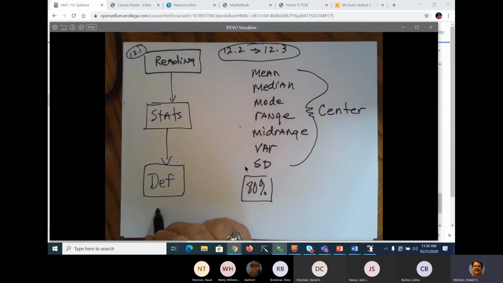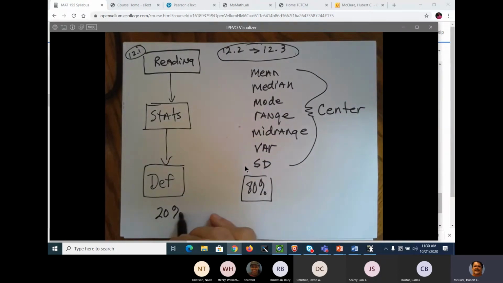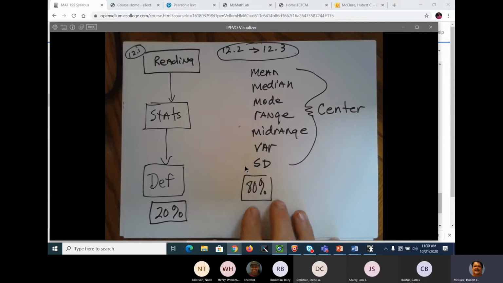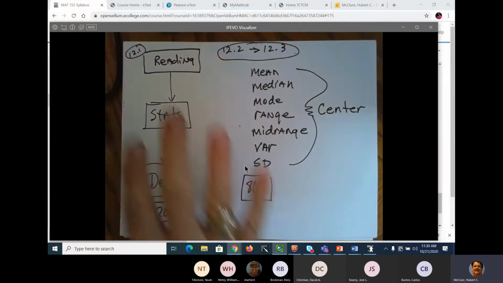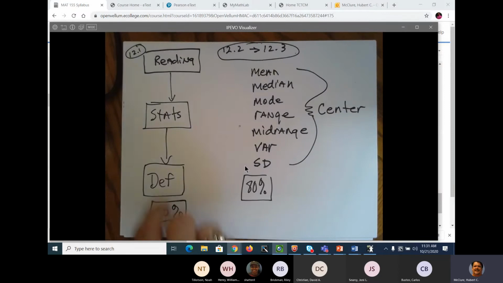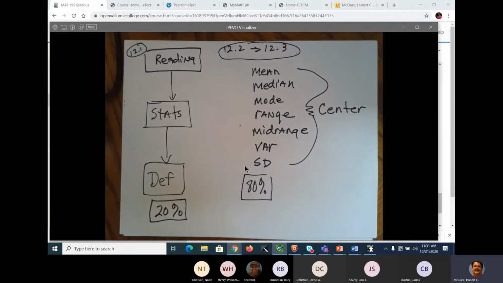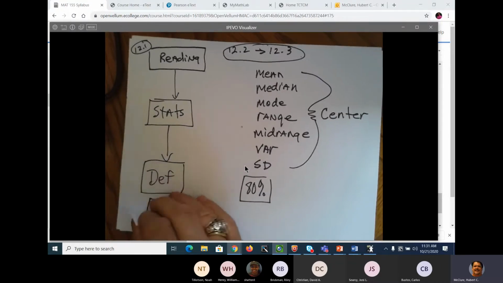I don't know if I will or not. I'm probably will, but I don't know yet. I may just make it 1 test. So 80% of your test will come from 12.2 and 12.3 of this unit, and 20% will come from the definitions. Okay, so I'm going to go over some definitions first before we get into the slides.